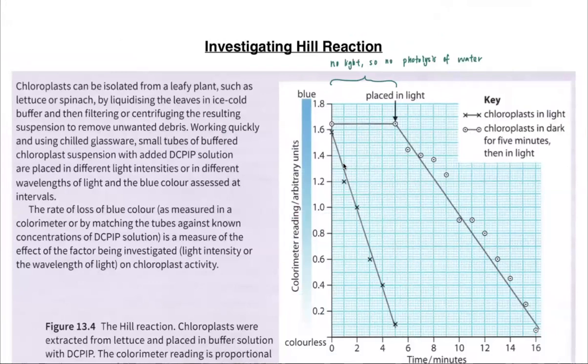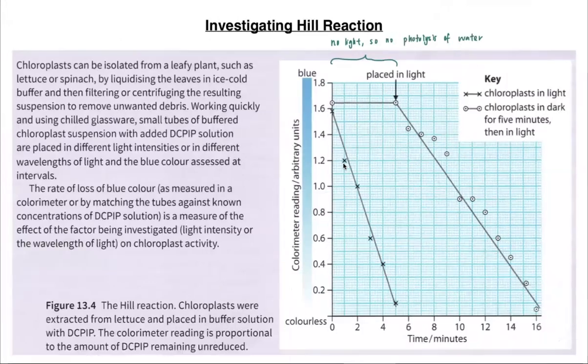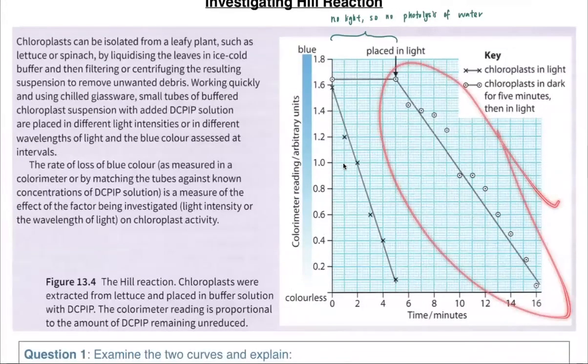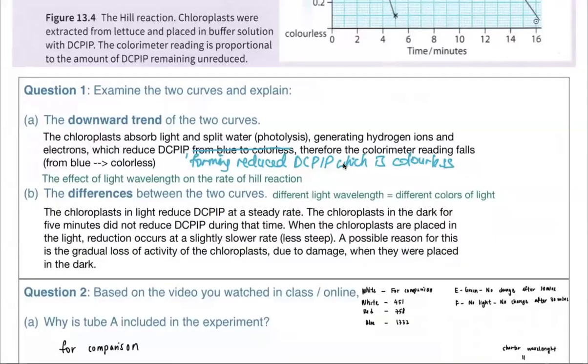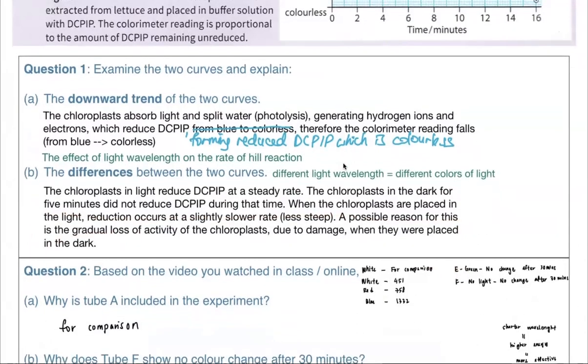So some of the chloroplasts are damaged, and that's why the rate of photosynthesis is lower. When you place it in the dark, it has nothing to do with the darkness, simply because you're putting it there in a non-natural environment, for sure some of them would be damaged, and therefore it's less active.